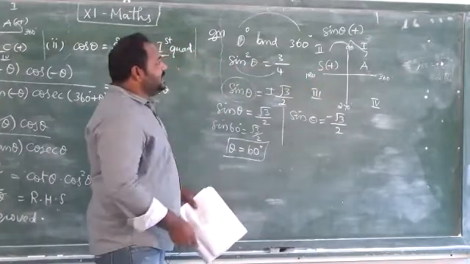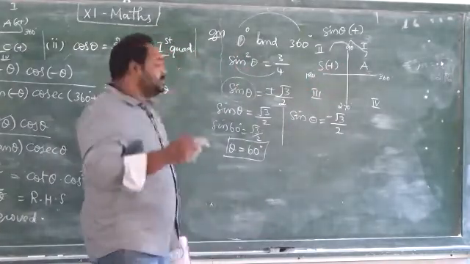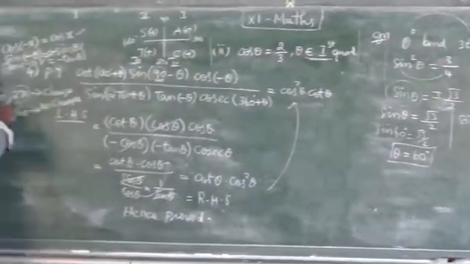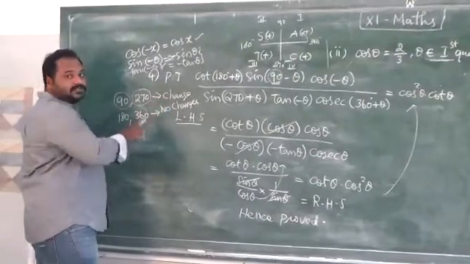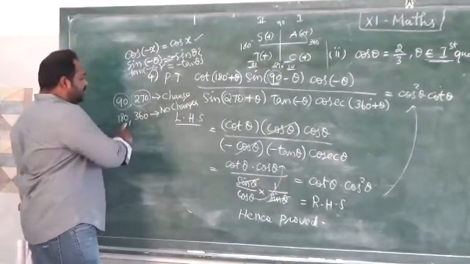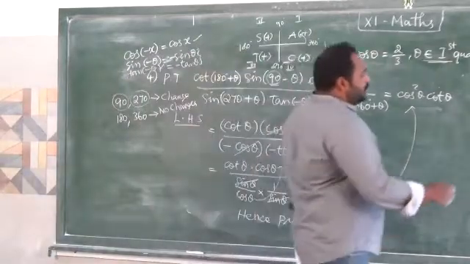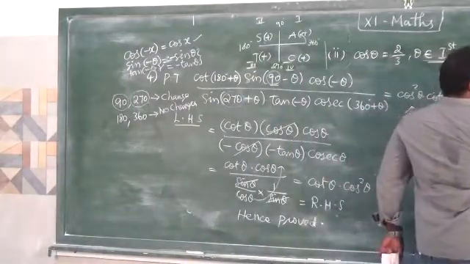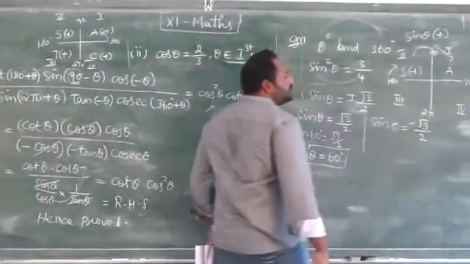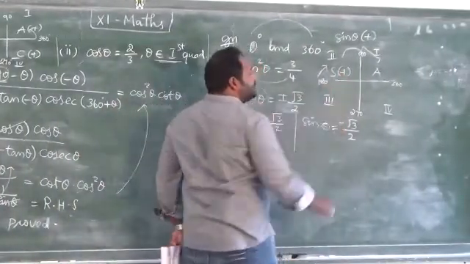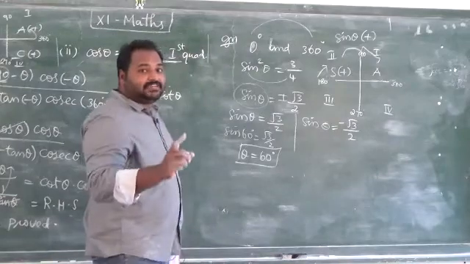If you take 90 plus, the ratio will be changed, as I told you already. If you have 90 degree and 270 degree, you have to change the ratio. But in 180 degree and 360 degree, there is no change in the ratio. Now I am going to take 180 minus, because if you take 180 minus, it will not affect the function.